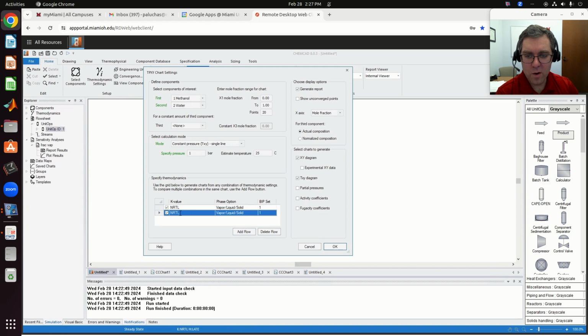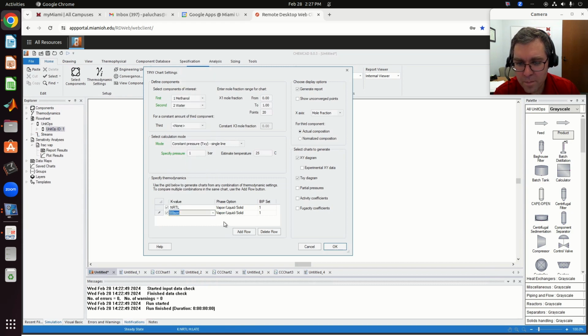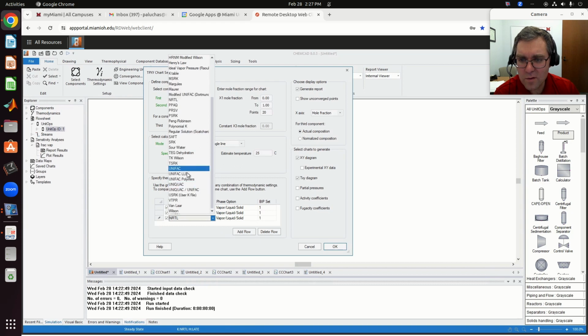But if I click add row, I should be able to click on NRTL and go to a drop down, and I could say, okay, let's look at Wilson's equation. We can add another row, and I could say let's look at the use of UNIFAC. You could try anything. Or I could try Raoult's law.